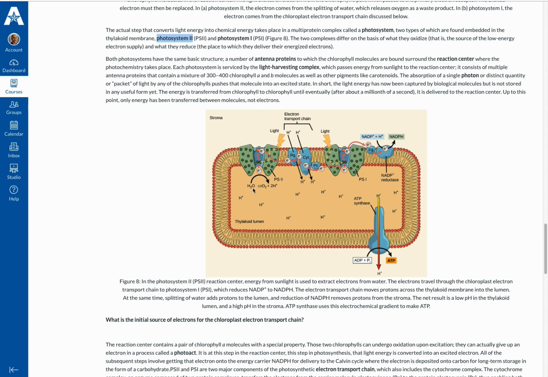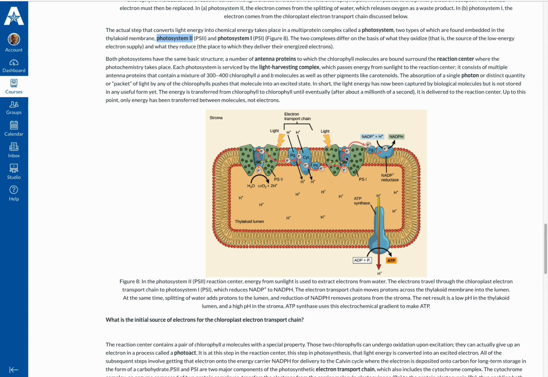So we are breaking down this water, getting its electrons, releasing oxygen and hydrogen ions into the thylakoid lumen. And we're further bringing even more hydrogen using the power of those electrons into the thylakoid lumen. And then eventually those electrons get moved over into photosystem 1.